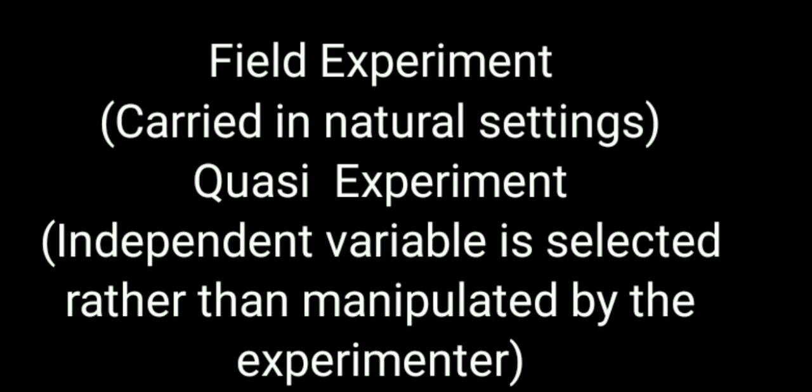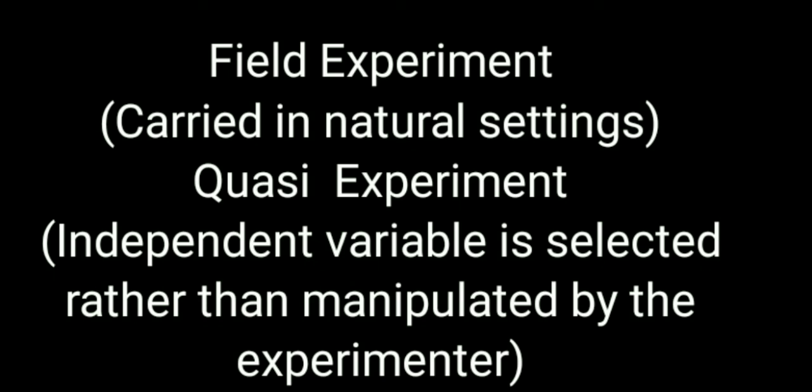Example, if a researcher wants to know which is the better teaching method among students, lecture or demonstration method, he can conduct an experiment in a school where in one group the demonstration method is used and in the other group the normal teaching method is used. At the end of the learning session, the performance of the students can be compared.